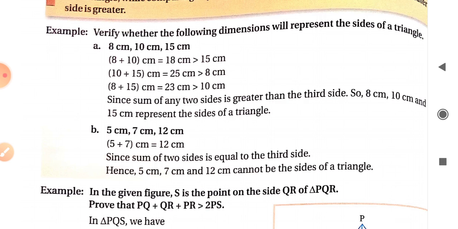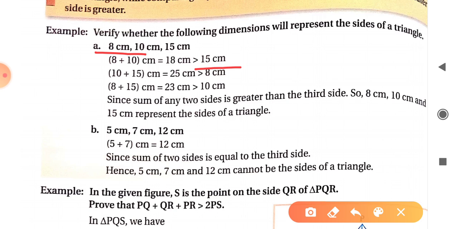So we will use the triangle inequality property, that is, the sum of two sides should be greater than the third side. So we will add the smaller sides, 8 plus 10. 8 plus 10 is 18, and it is greater than 15. Next two sides are 10 and 15. Then we will add 10 and 15, and it is equal to 25, and 25 is greater than 8.